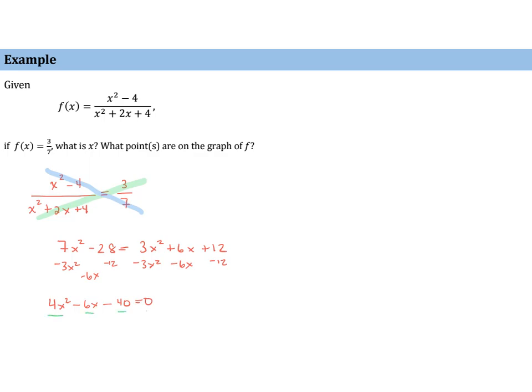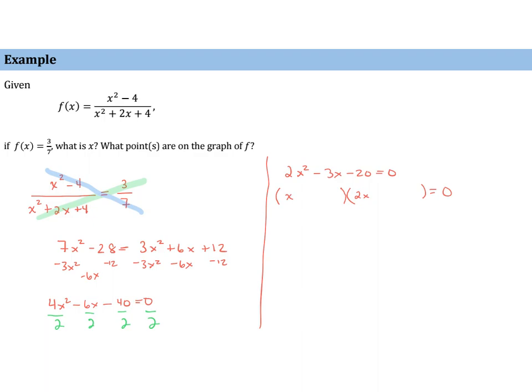So let's divide both sides by 2. So this gives us 2x squared minus 3x minus 20 equals 0. Now we can solve this either by the quadratic formula, or we could try factoring. Since 2x squared only has one option, let's go ahead and try factoring first.